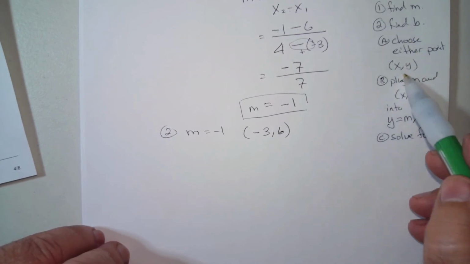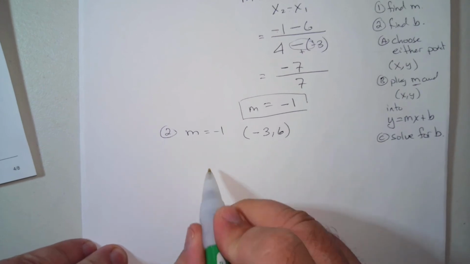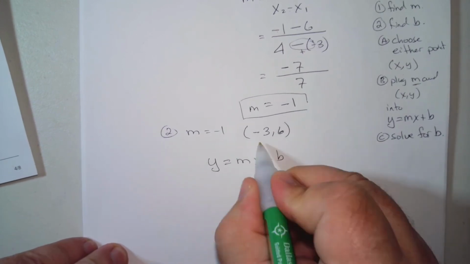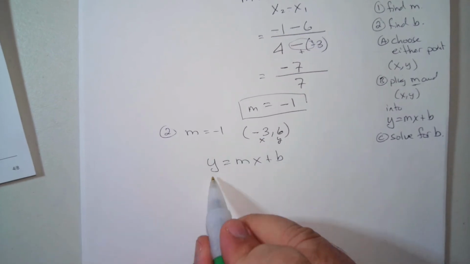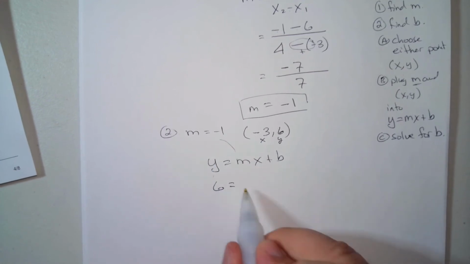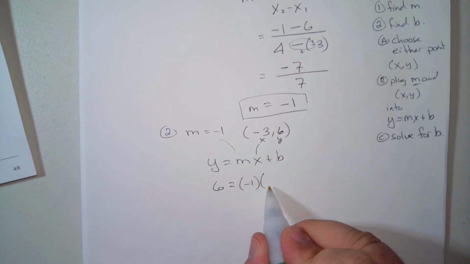So I chose either point. Now I plug m. This is x. This is y. Remember, it's a point. So it's y. Y is 6. M is negative 1. X is negative 3.